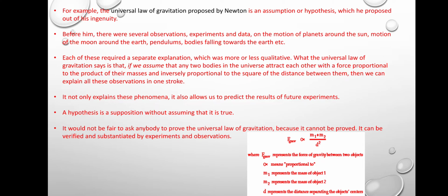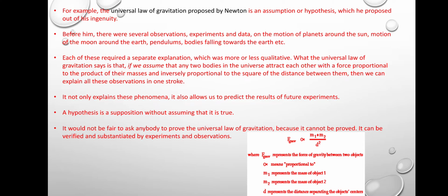Now, what the universal law of gravitation says is that if we assume any two bodies, suppose one is the sun and the other a planet, right? If there are two masses, they attract each other with a force that is proportional to the product of their masses.